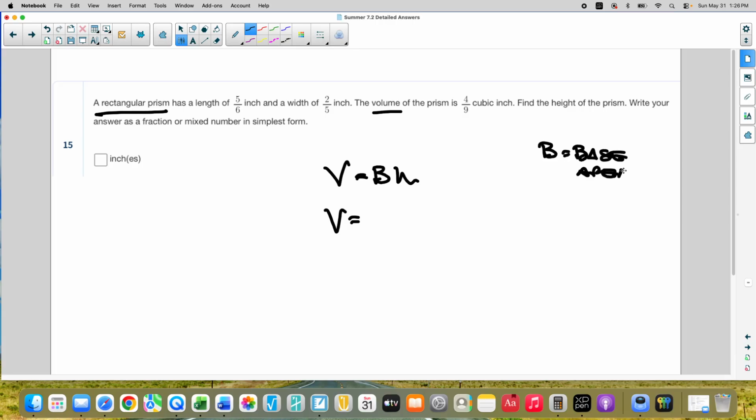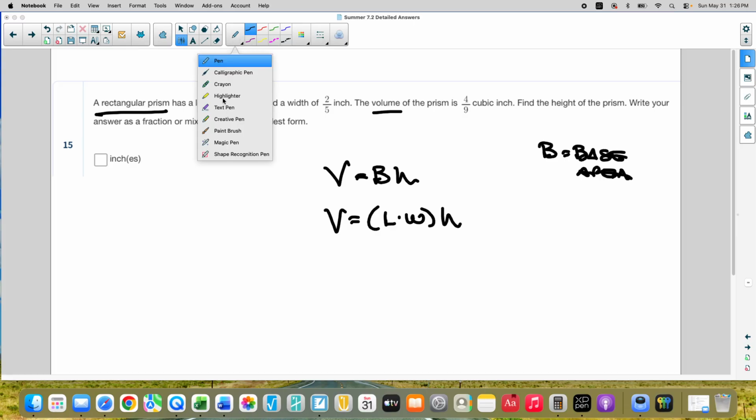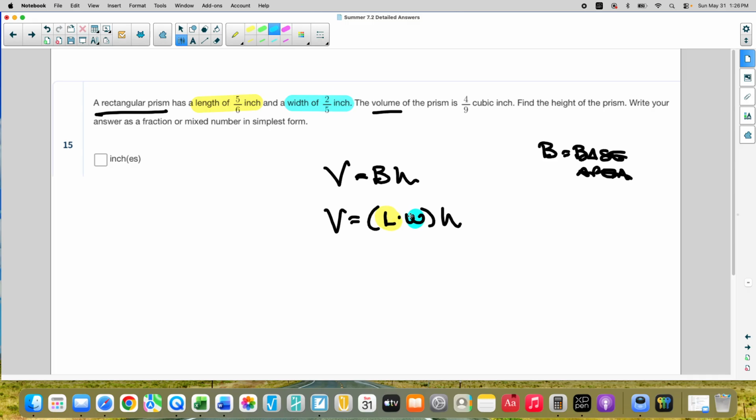So I need to know what's my shape. My shape is a rectangle. So the base area of a rectangle is length times width, and then times my height. And they give me the length. So I'm going to substitute the length, and then it also gives me the width.